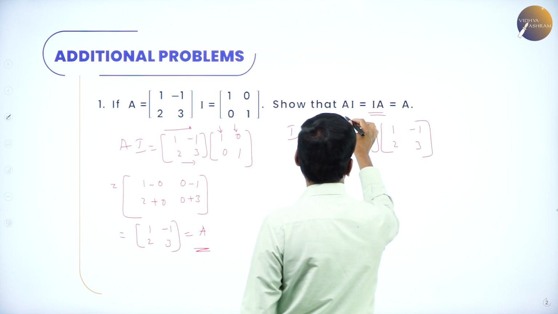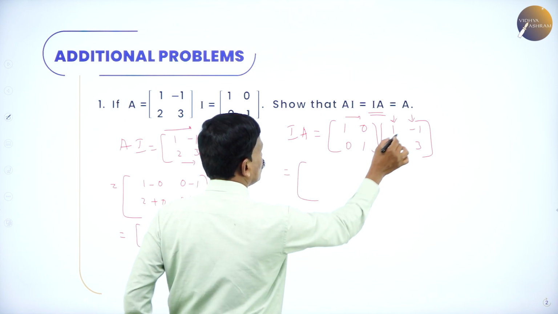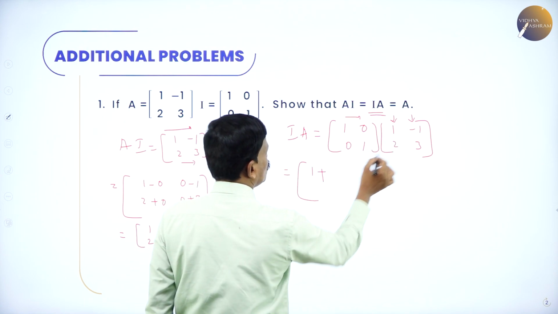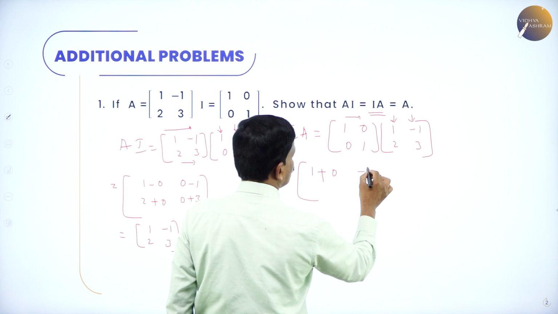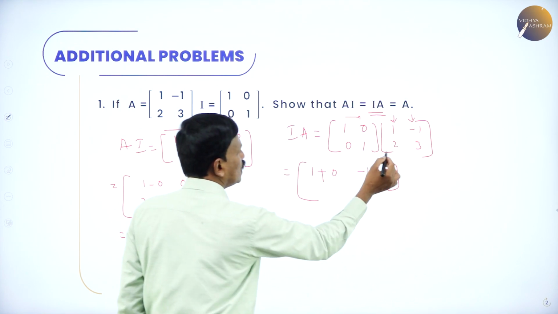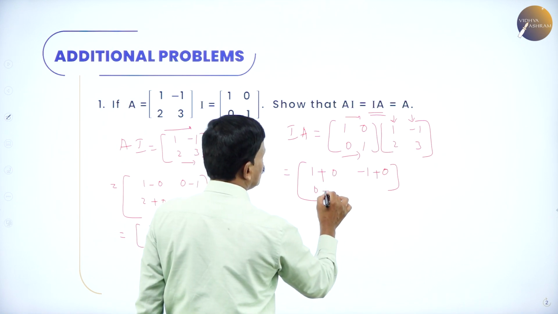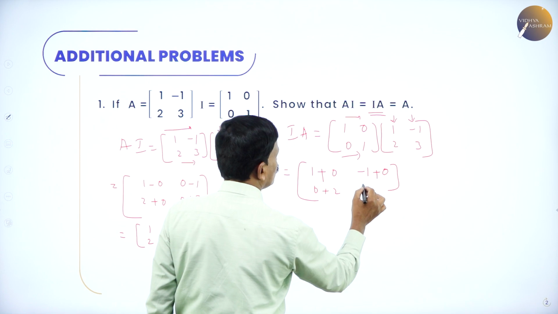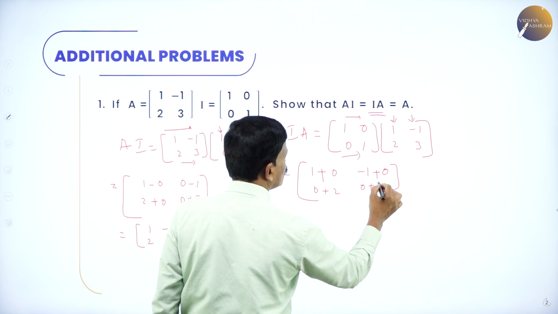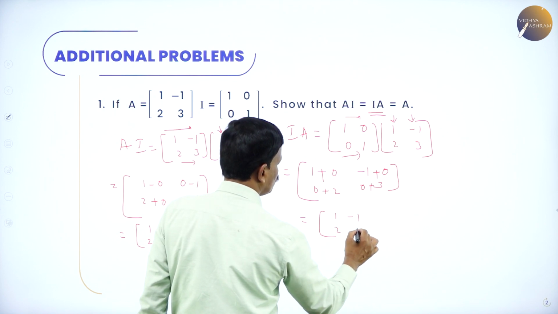Now, same first row, first column: 1 into 1 is 1 plus 0 into 2 is 0. 1 into minus 1 is minus 1 plus 0 into 3 is 0. Second row, first column: 0 into 1 is 0 plus 1 into 2 is 2. Again, 0 into minus 1 is 0 plus 1 into 3 is equal to 3. So, that is equal to [1, minus 1; 2, 3].